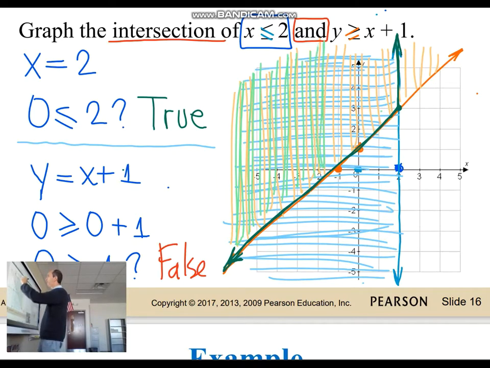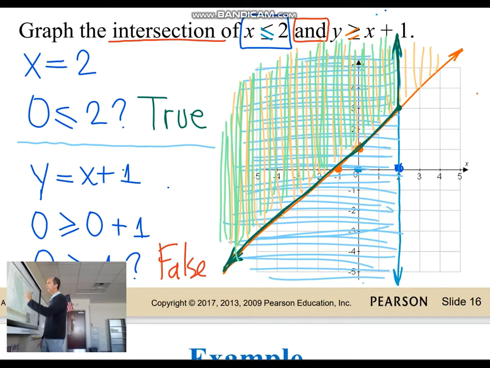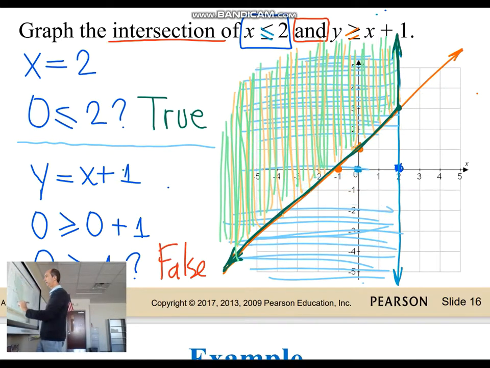And now we have so many colors here in this graph. Check if you are understanding, if you agree. And now the solution set is the area that we shaded as green. We can even erase the other ones if you want.